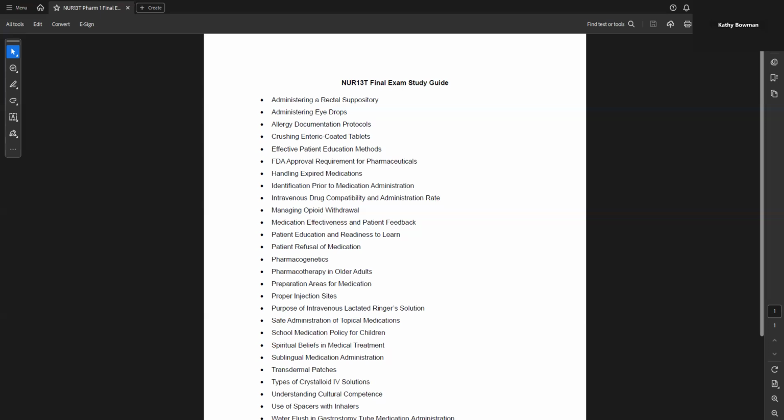All drugs, prescription drugs, need to be FDA approved. Okay, it goes through what phases? It goes through blank trials. What's blank trials? Fill in the blank. Clinical trials. Right, clinical trials.